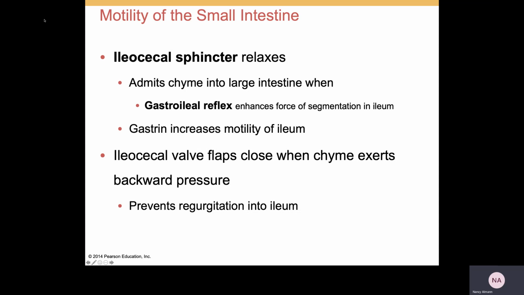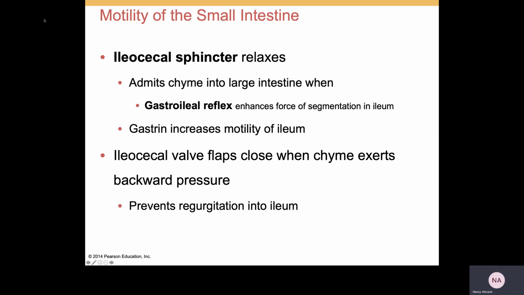At the distal end of the small intestine is the ileocecal valve, or sphincter. When it opens or relaxes, chyme will move into the large intestine by what's known as the gastroileal reflex.